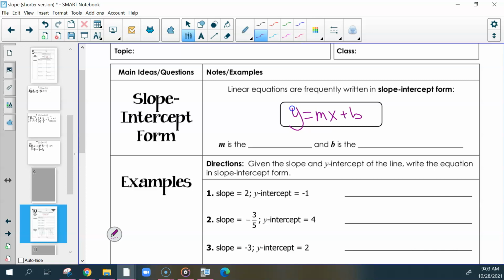So if we think back to when we were finding our intercepts, it was f of x equals some number times x plus or minus some number, it was in this format. That's why we could easily find our y-intercept. Because our m, as we already found out, is our slope and our b is our y-intercept.